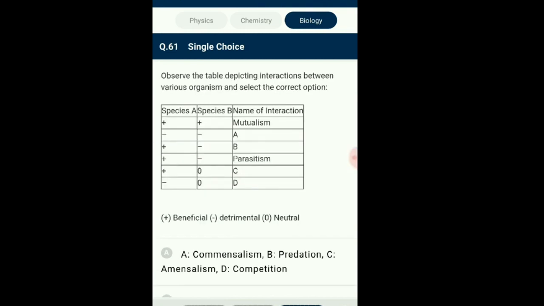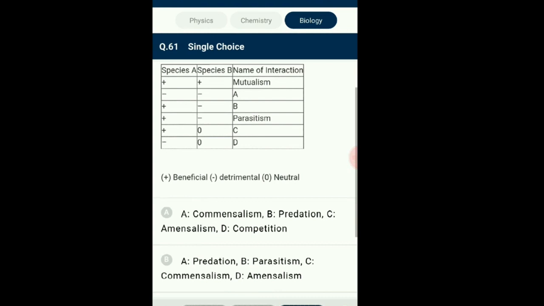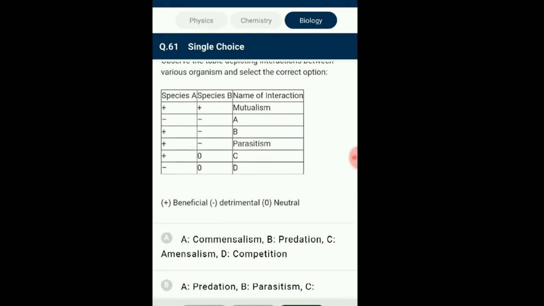Question number 61. Observe the table depicting interaction between various organisms and select the correct option. Beneficial, detrimental and neutral are given in the tabular column. Mutualism refers to those species interactions where both the species are benefited from the association and are dependent on each other for survival, whereas in competition both the species get affected equally.